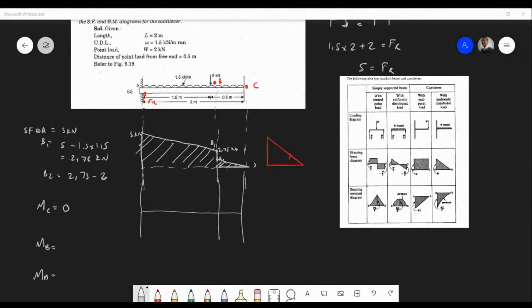Come on, guys, just get the bending. Do you guys get it?